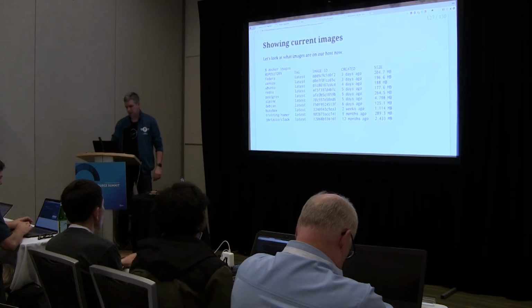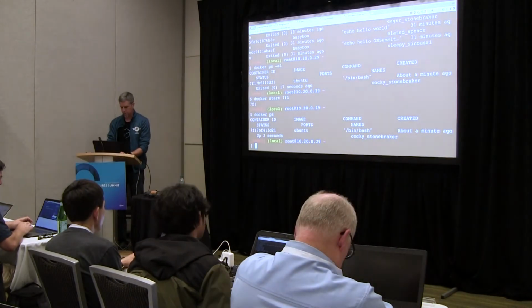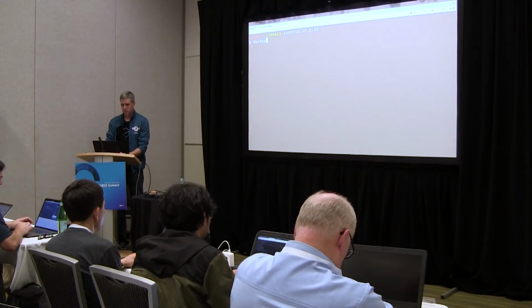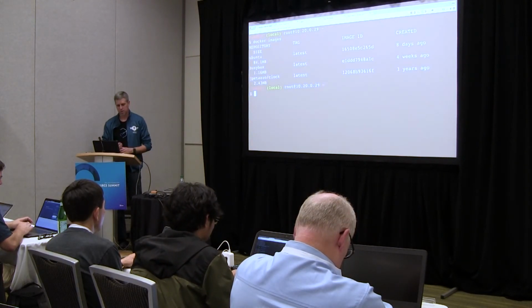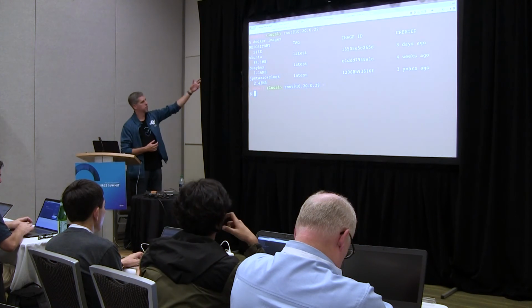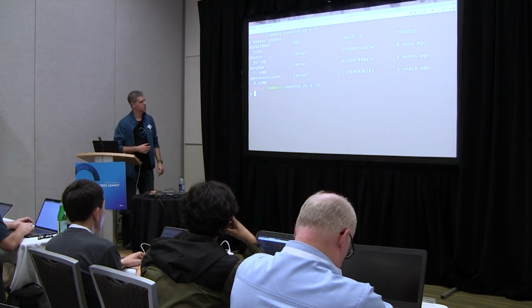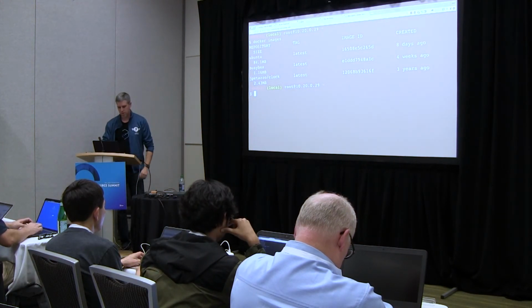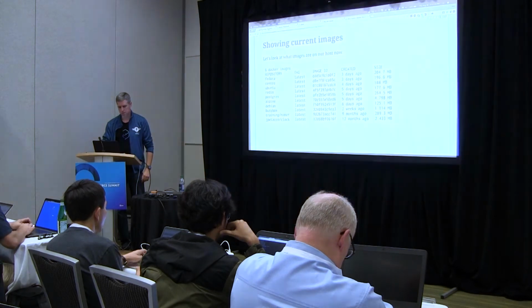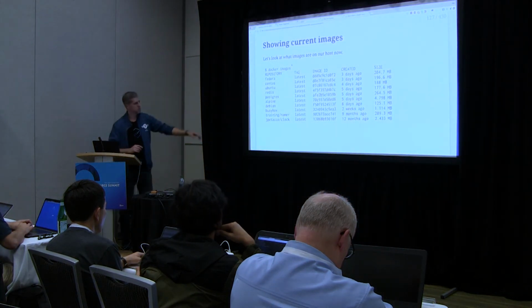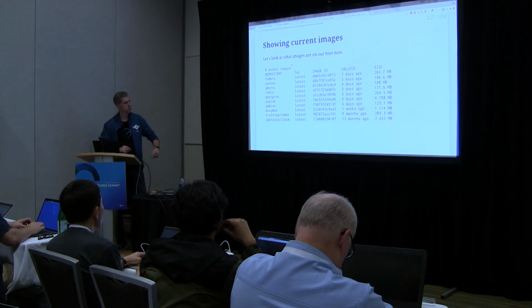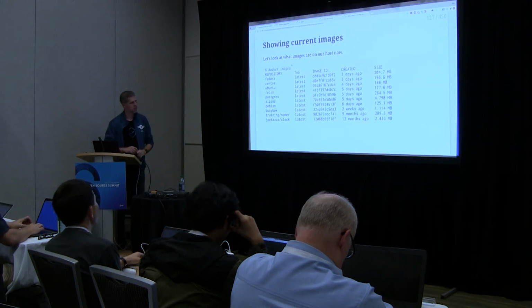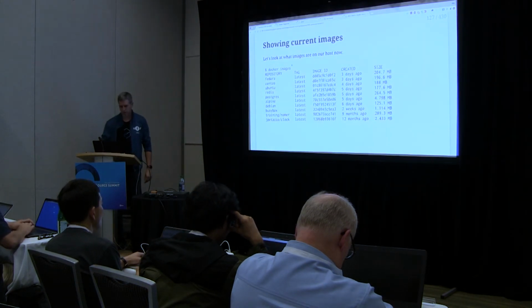We already typed the Docker images command, and it's pretty unimpressive at this point because we've only run three of them. We have Ubuntu, Busybox, and Jerome's clock image, but that obviously is a useful tool to see the size of an image, information about its ID, and when it was created.